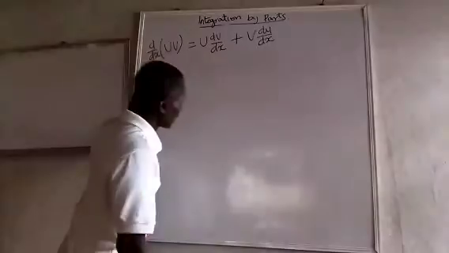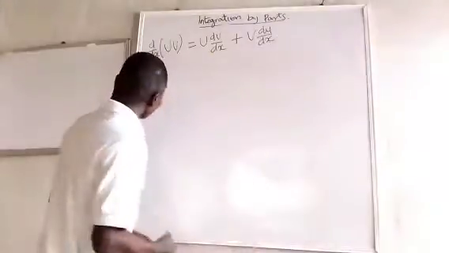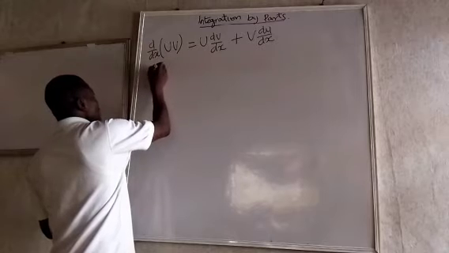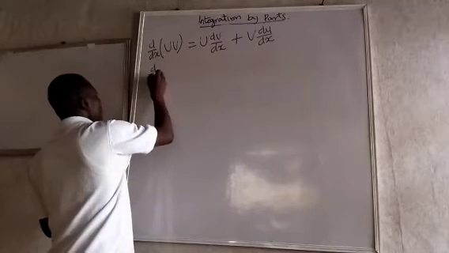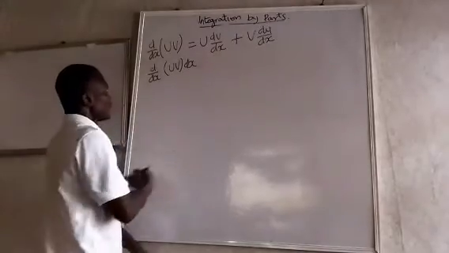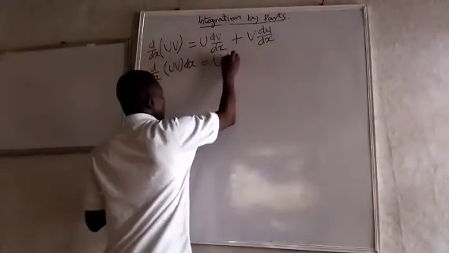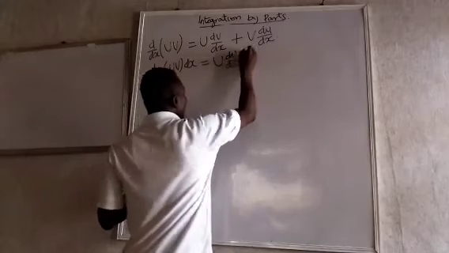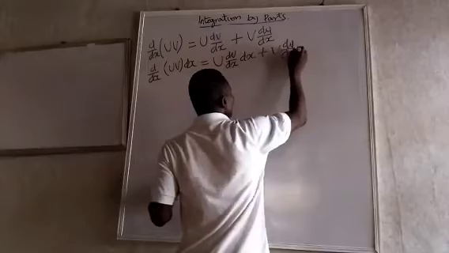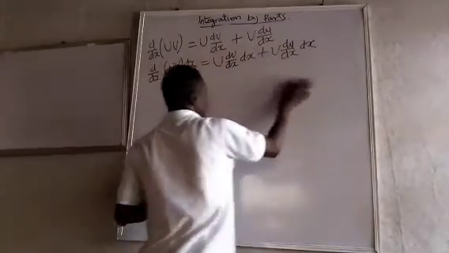Now, let's integrate both sides: the integral of d(uv) dx is equal to the integral of u dv dx plus the integral of v du dx.